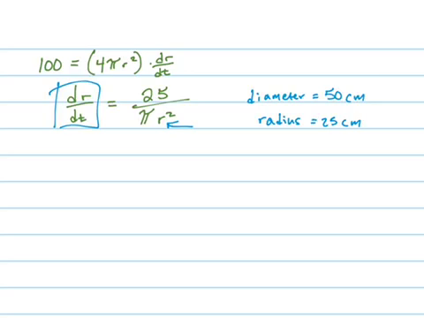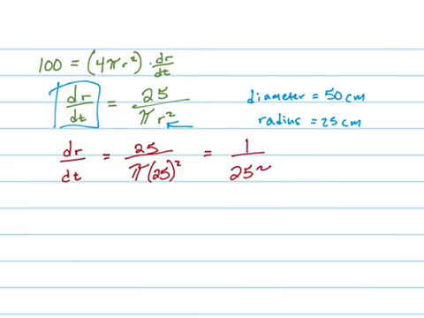So we plug that in. dr/dt equals 25 over pi times 25 squared, which is equal to 1 over 25 pi, and our rate would be centimeters per second.